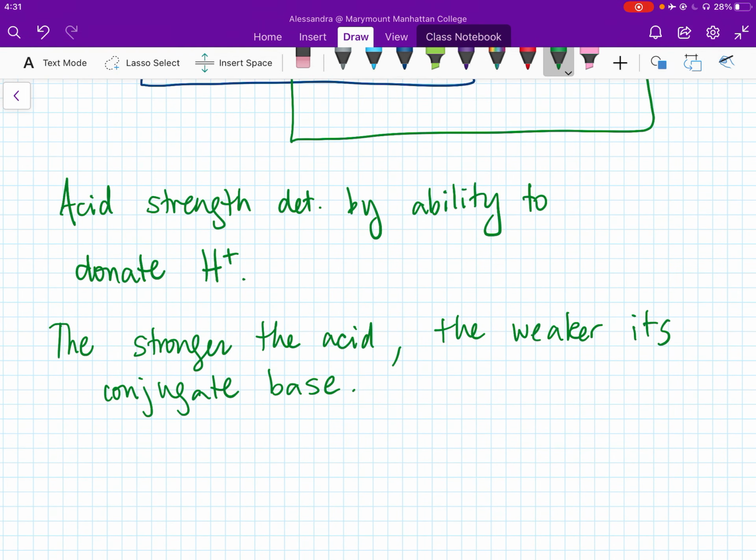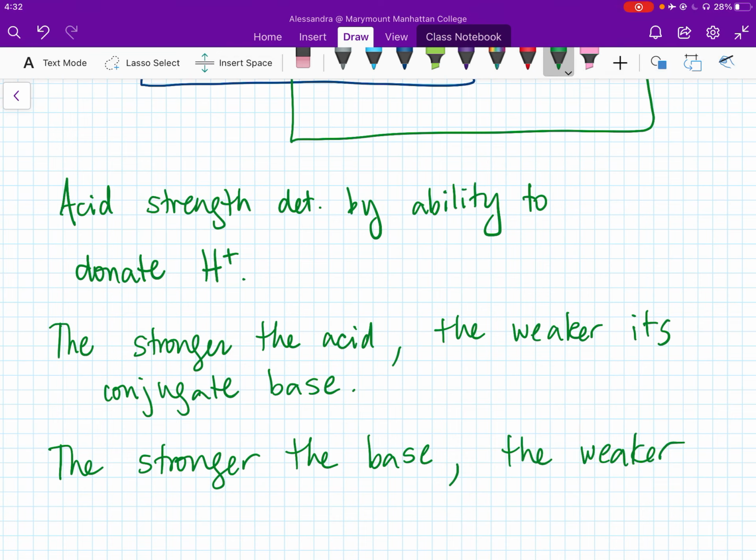And vice versa, the weaker the acid, the stronger the conjugate base. In the same way, we can state that the stronger the base, the weaker its conjugate acid, for the same reason, looking at that equilibrium. So the stronger the base on the left side of the reaction, the weaker its conjugate acid on the right side of the reaction. The less ability that conjugate acid has to drive the reaction in the reverse direction.